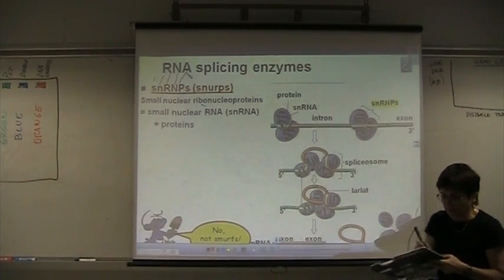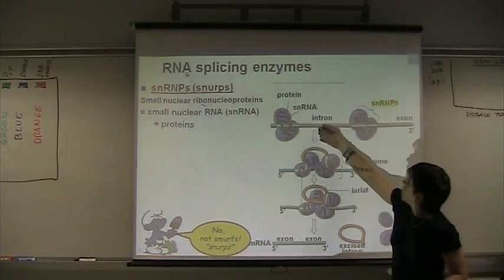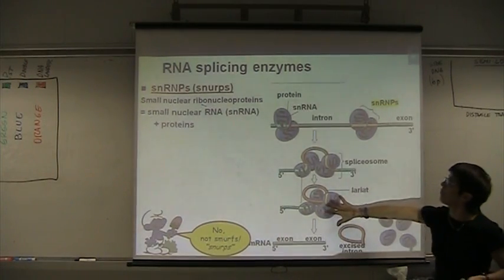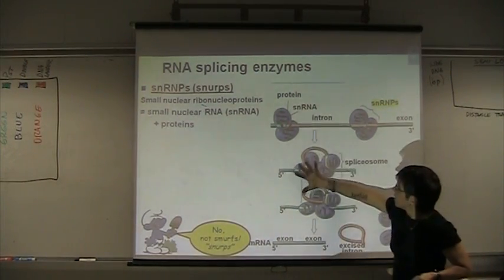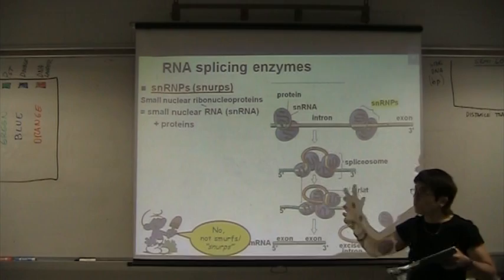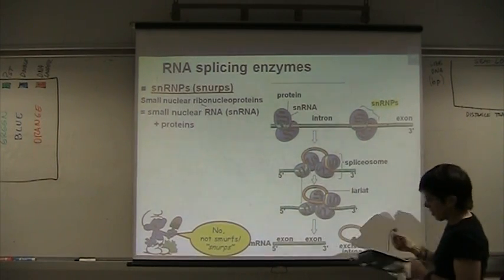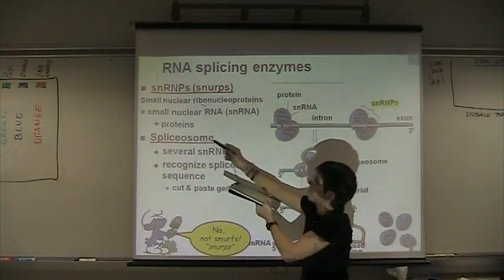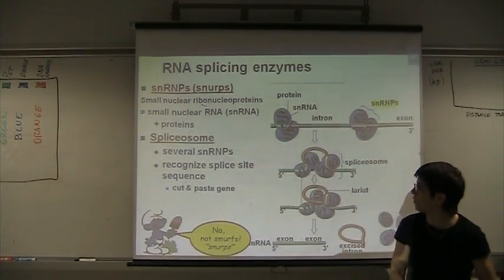And you end up having, from the long one, just your two exons attached thanks to these SNRPs. Now this group of SNRPs doing this is what we call the spliceosome. The spliceosome, several SNRPs together.